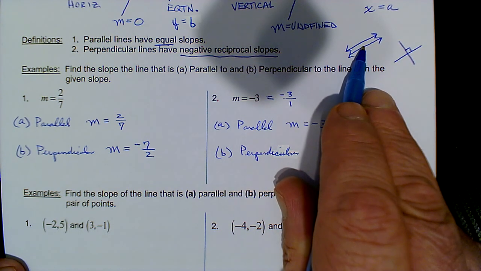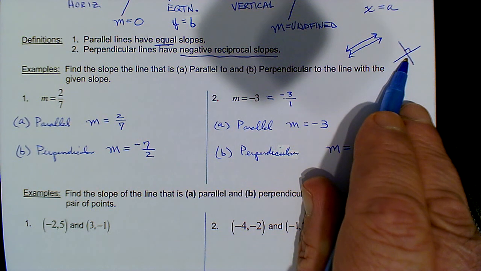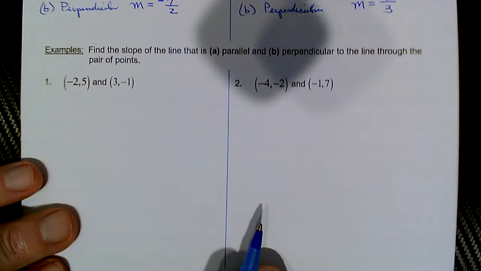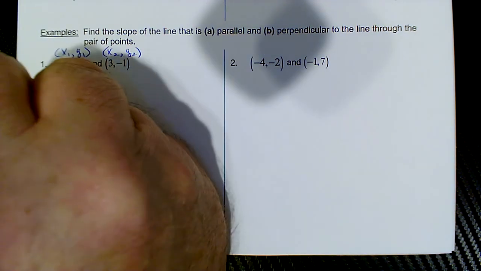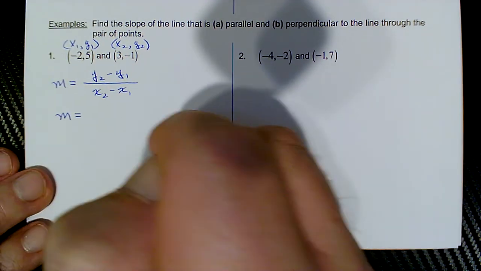So y2, the way I've labeled it, is 7 minus y1, which is -2, over x2 minus x1, which is -1 minus -4. So we get 9 over, it'd be -1 plus 4, so 9 over 3, or 3.